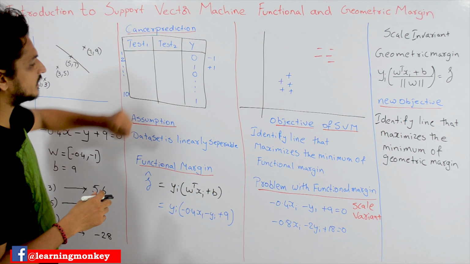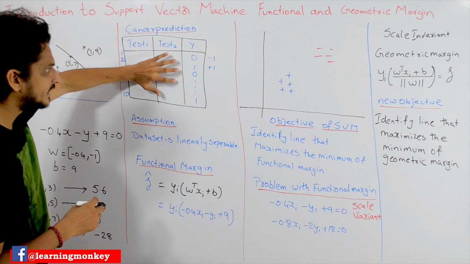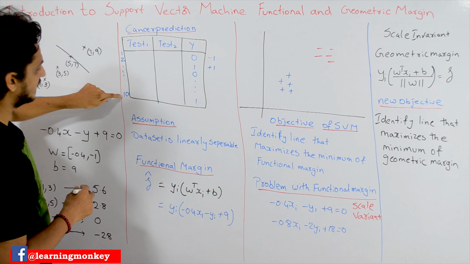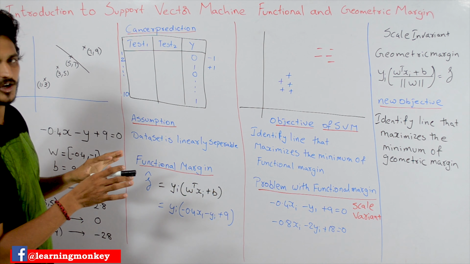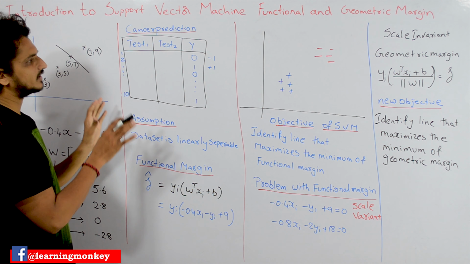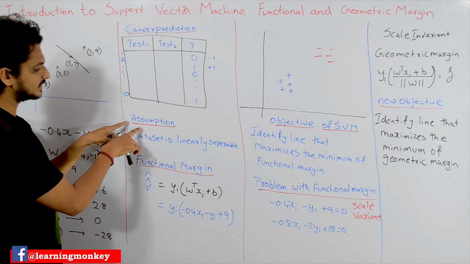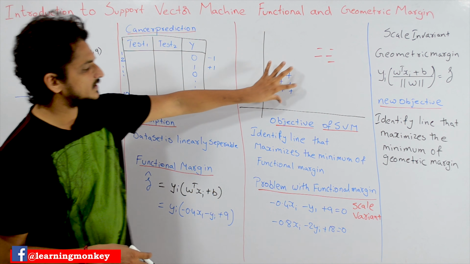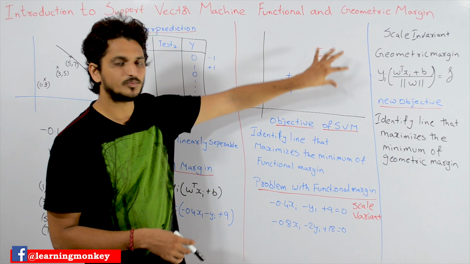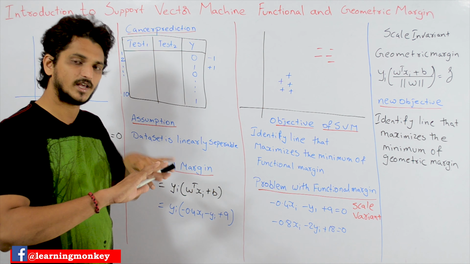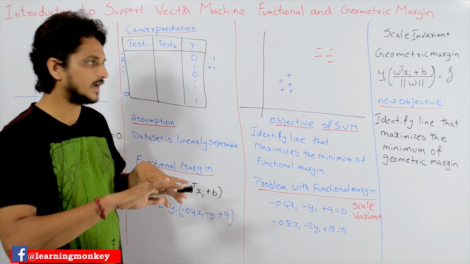And one more assumption. This is our training data set. Here we have 10 data points, out of which 5 are positive data points and 5 are negative data points. One more assumption is that our data set is linearly separable. What that means is, we have 5 positive points and 5 negative points, and for understanding purposes we have taken so much gap between these two groups.